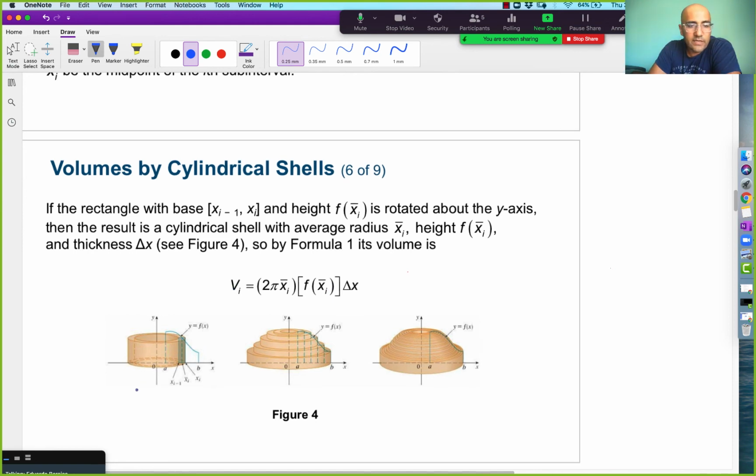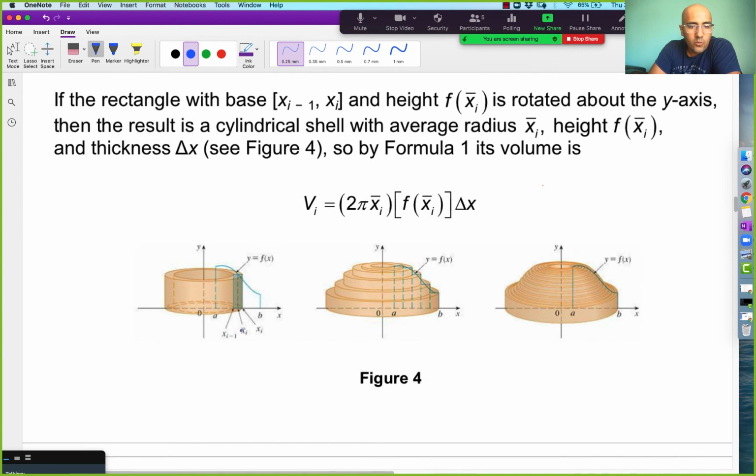Let me zoom into this guy over here. We're going to have x sub i minus 1, x sub i over here, and somewhere in the middle would be x sub i bar, which is right in the center. That'll be my radius.